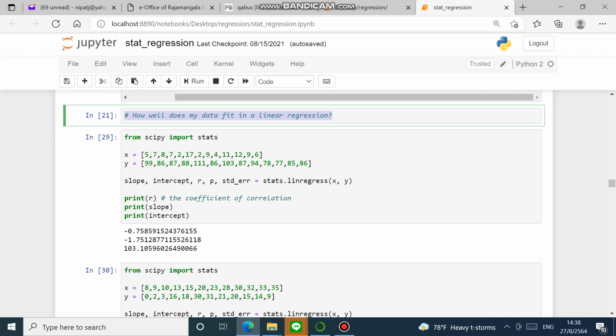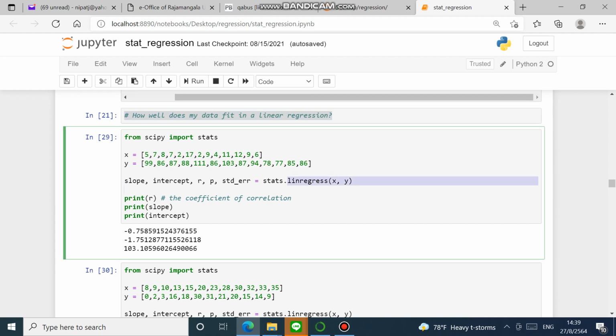If you have a set of x and a set of y, it is very easy to check the coefficient of correlation R. We just put x and y into stats.linregress, and you get the key elements of the linear regression model: slope, intercept, R, P, and standard error. You can just print R, the coefficient of correlation, print slope, and print intercept, the y-intercept.